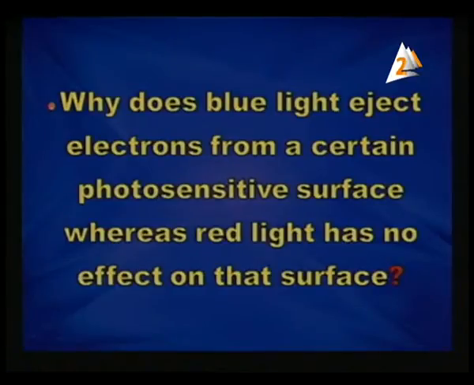We've got another question. Why does blue light eject electrons? Blue light is capable of ejecting electrons from a certain photosensitive surface, whereas red light has no effect on that surface. There is something here you should mention.